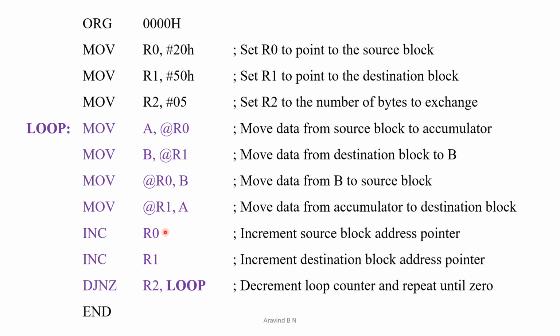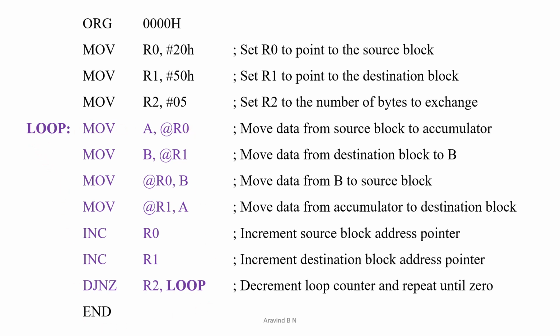Then INC R0, INC R1, increment the source as well as the destination memory location, then DJNZ R2, LOOP. Decrement the R2, verify is it equal to 0. If it is 0, come out of the execution, otherwise move back to the loop and repeat the same process again.